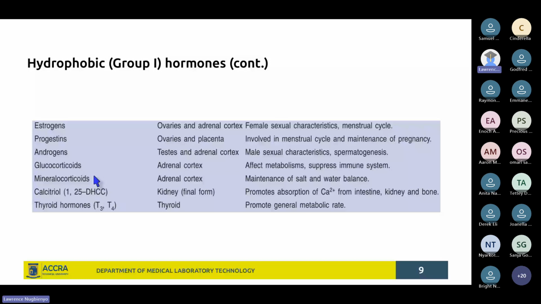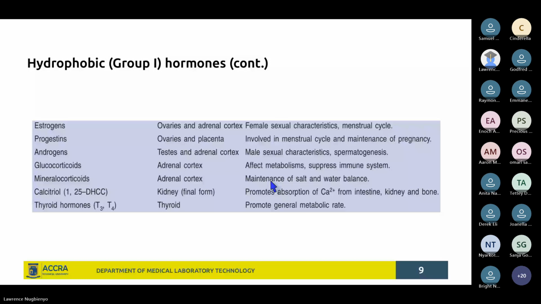And you have them regulating various metabolic and immune response processes. The mineralocorticoids maintain salt and water balance there. So you have some mineral metabolism, which is being regulated by the mineralocorticoids.